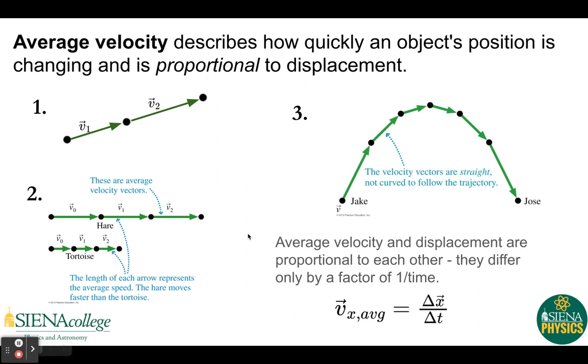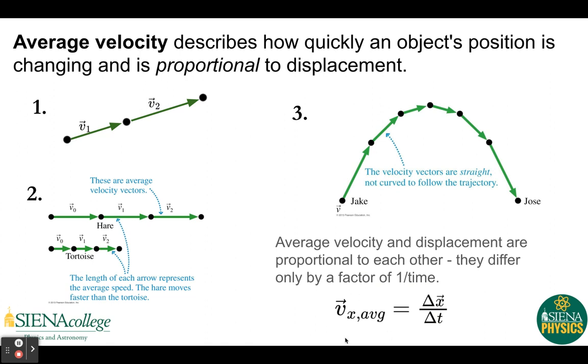Okay, and then we can also do motion maps and show the velocity for things that are not just going in a straight line, but on a curved trajectory. So this could be like throwing a ball up, where Jake throws it up and Jose catches it. Again, you can draw where the object would be at different equal intervals of time, and the velocity vectors would connect those points, so they can be at an angle.